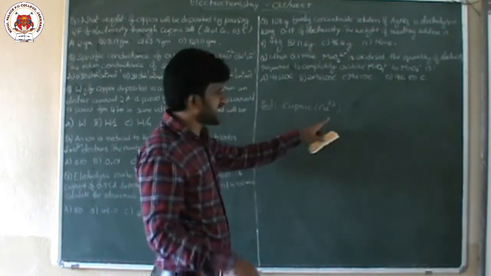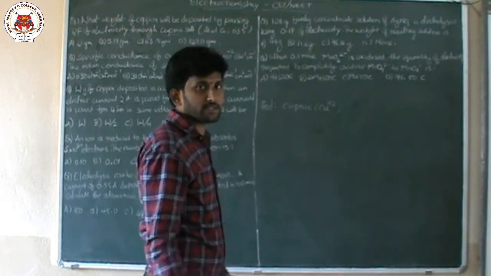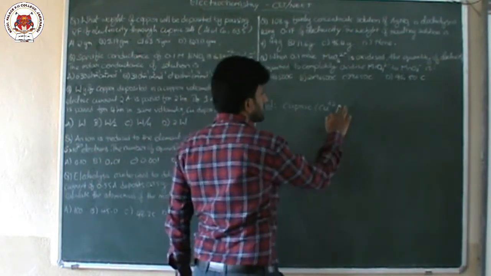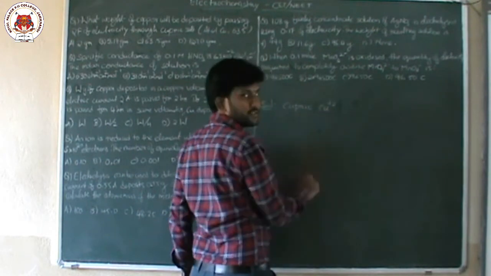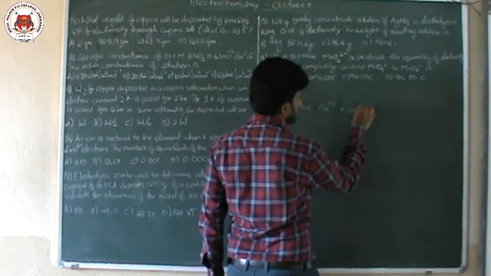So to deposit Cu+2 ions, how many electrons are needed? 2 electrons.